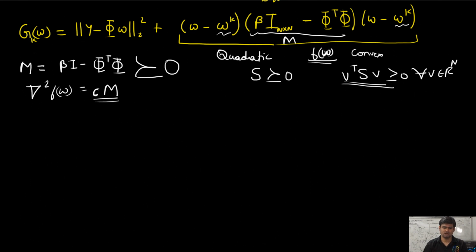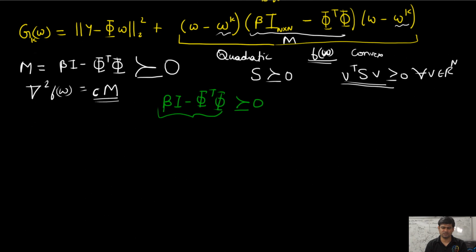Now the question is, it would be a positive semi-definite matrix if we select beta such that beta times I minus phi transpose phi is a positive semi-definite matrix.